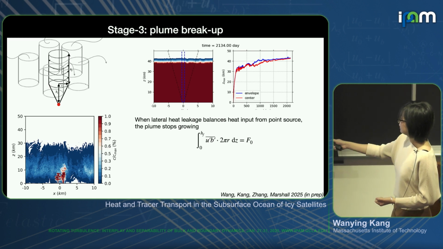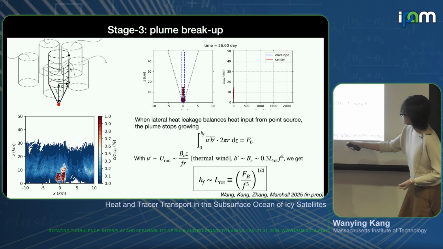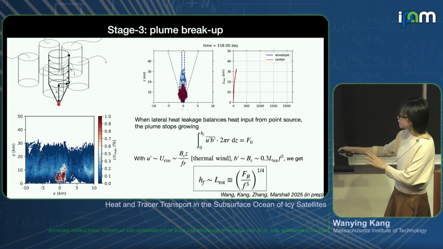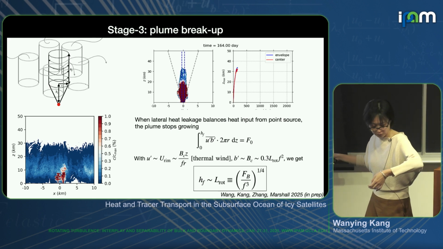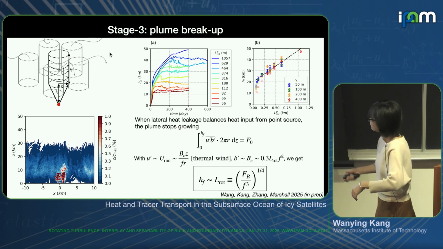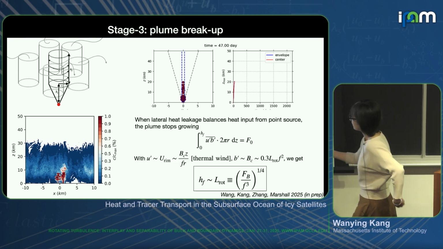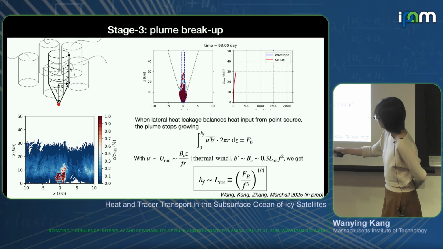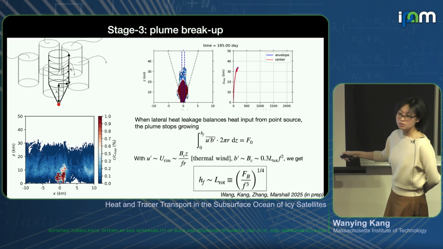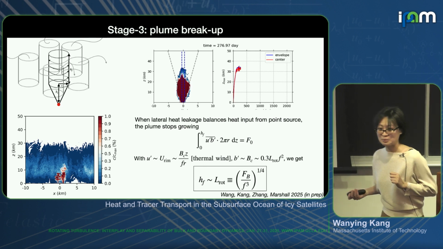So then we substitute some scaling for U using the rim current velocity, using the thermal wind, and for B using the scaling from the Fernando scaling. Then we can calculate. We find that this final height HF should also scale with L route, which is a very boring result because really there's only one length scale in the system.